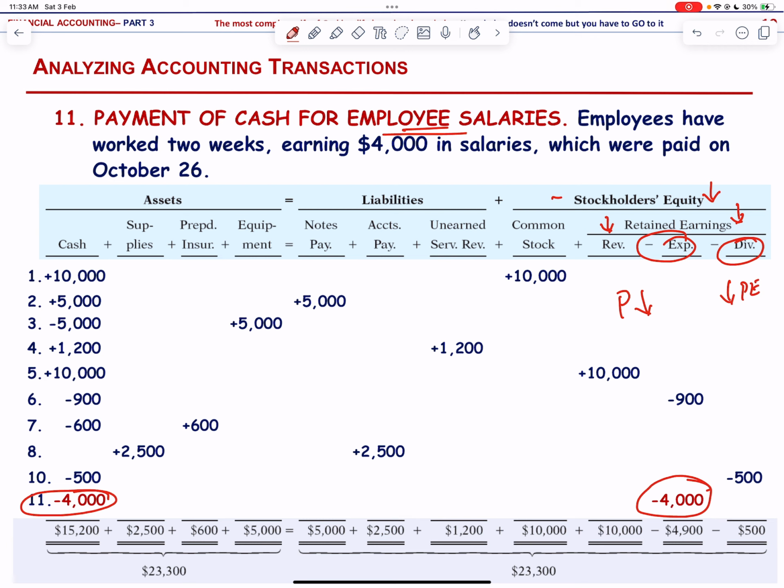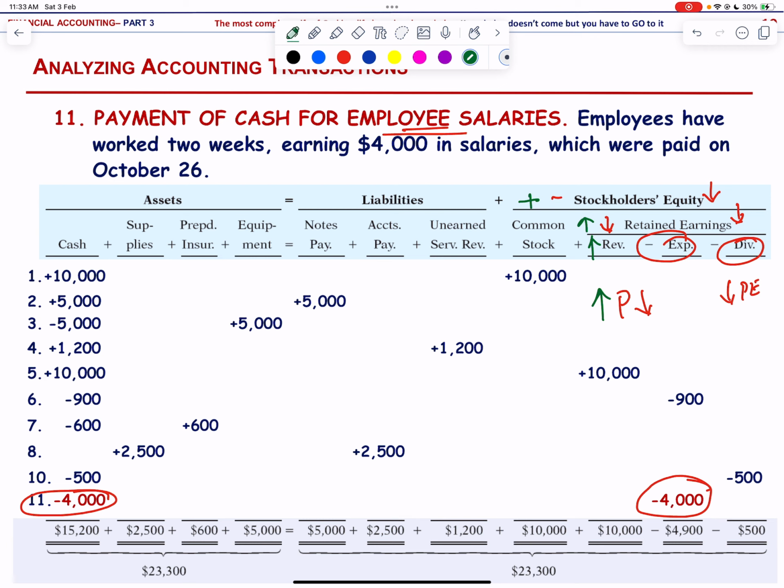But if it is a revenue, revenue is going to increase the profit, and this will also increase the retained earning, and so also the stockholder equity. So revenue will increase retained earning and stockholder equity, and expenses and dividend will decrease the retained earning and also the stockholder equity.